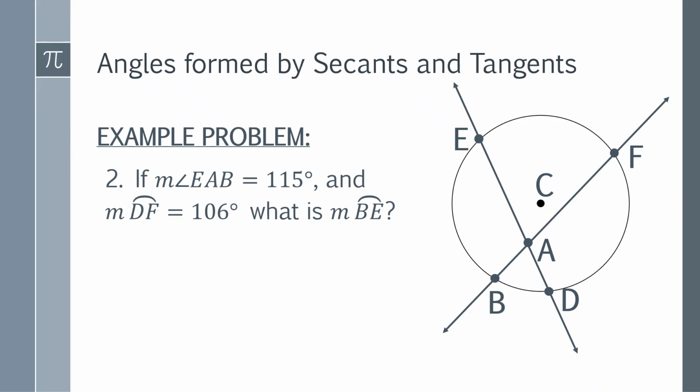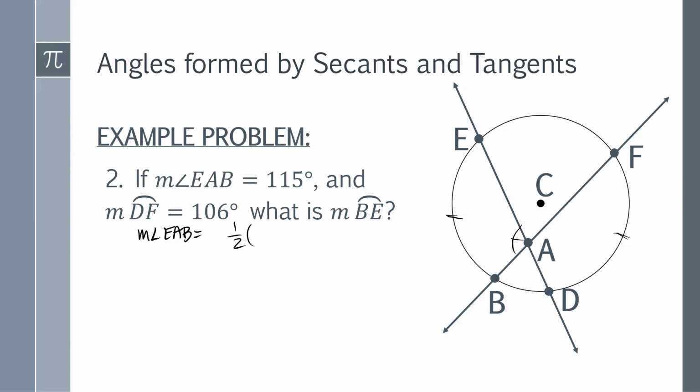So let's say measure of angle EAB is actually equal to half of, tingnan nyo ha, EAB, nandito na sa part na ito. So meaning, yung intercepted arcs nila sa kaliwa at sa kanan ay dapat i-add.